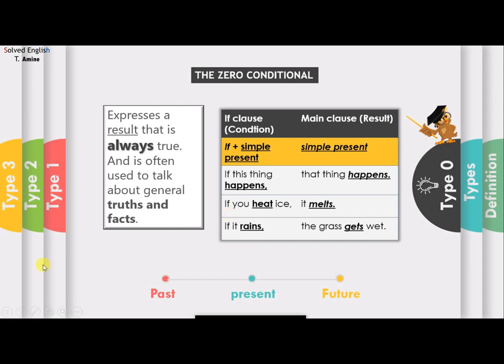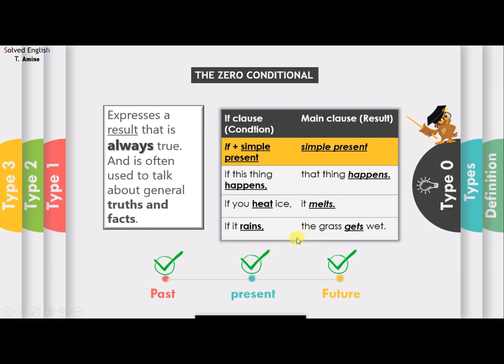As you notice, these are facts that are always true. Because if you heat ice in the past, it melts. If you heat ice in the present, it melts. If you heat ice in the future, it melts. So, when the condition and result that we are talking about is always true, we use the zero conditional. As the other example shows, if it rains, the grass gets wet.